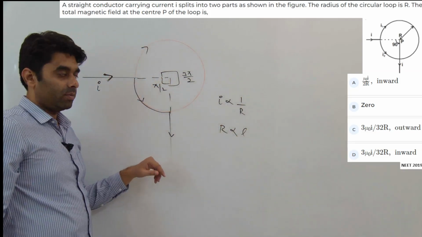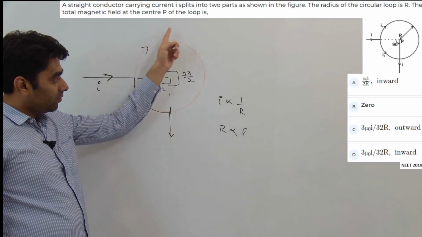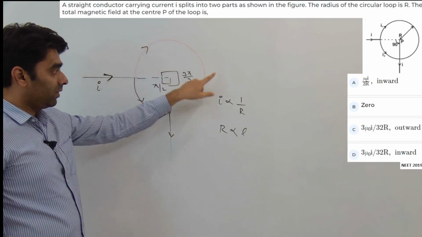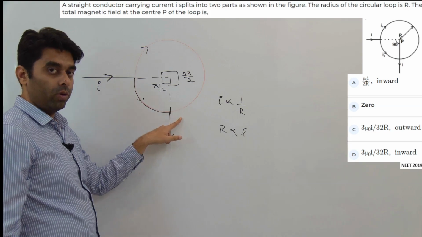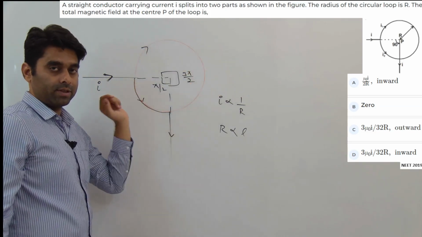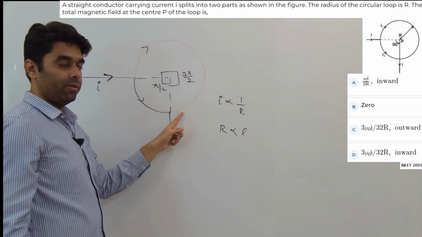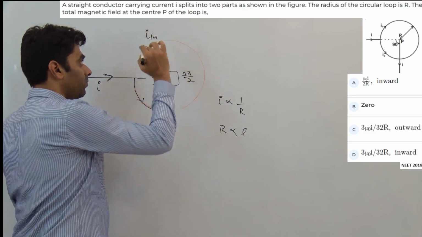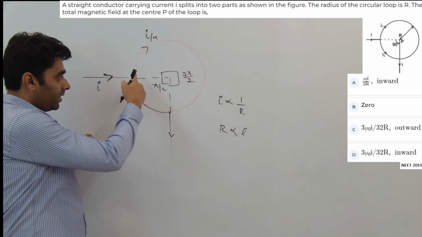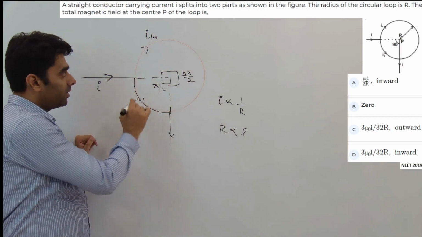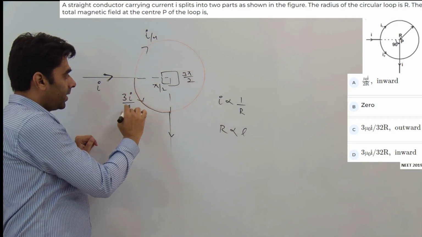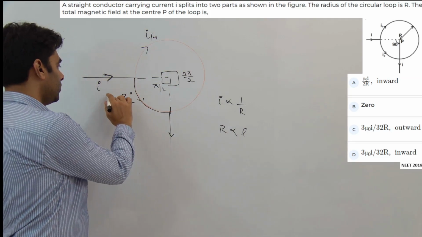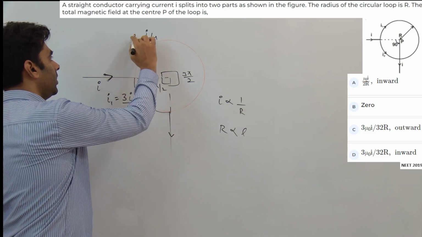So this one will have more resistance, less current. If this one has a length of 3L by 4, assuming that the total length is L for this circular loop, the current value over here will be I by 4, whereas the current in the smaller curve will be 3I by 4. This is the current distribution. Let's call this I1 and this I2.